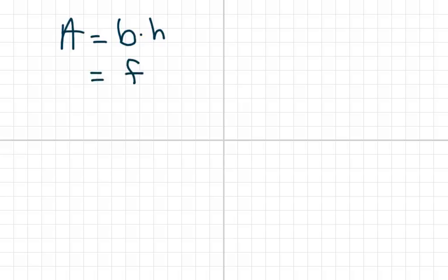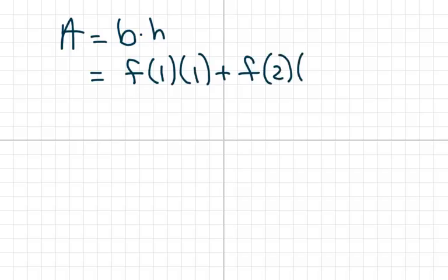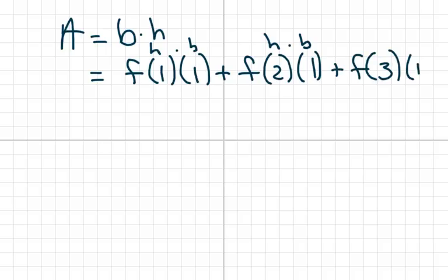So it's f of 1 times 1 plus f of 2 times 1. Again, this is your height, this is your base. Plus f of 3 times 1 plus f of 4 times 1.